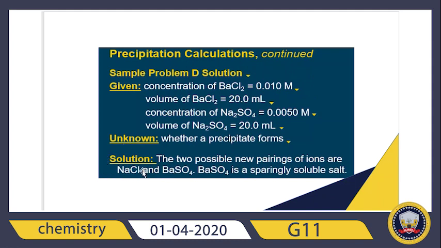Guys, we know that sodium chloride is highly soluble, so it will not precipitate, while for barium sulfate, according to our calculation, we will find out if barium sulfate is gonna form precipitate or not. Okay, barium sulfate is a sparingly soluble salt, as we say, sparingly, and it has a limited solubility.